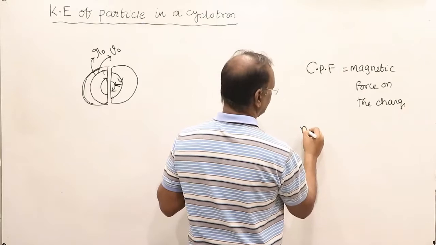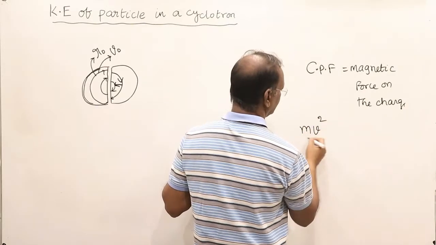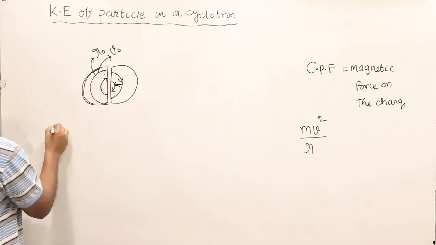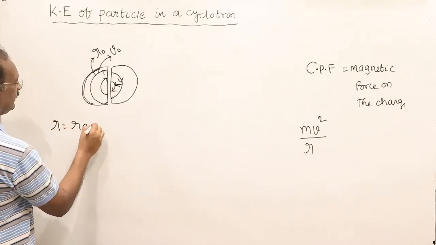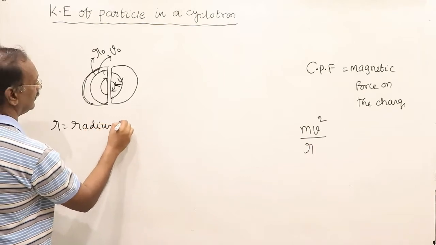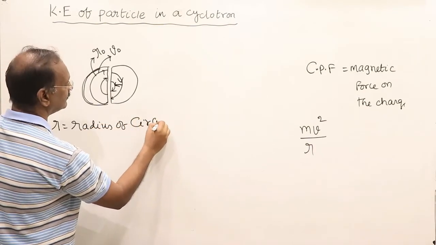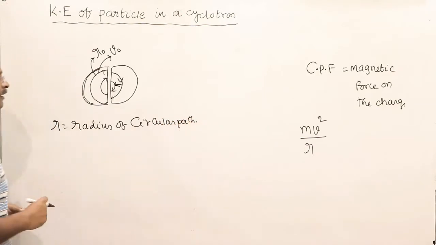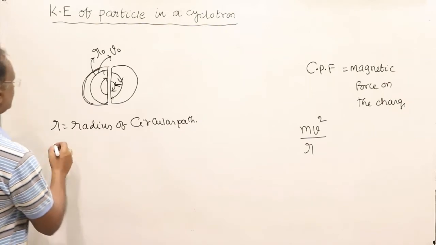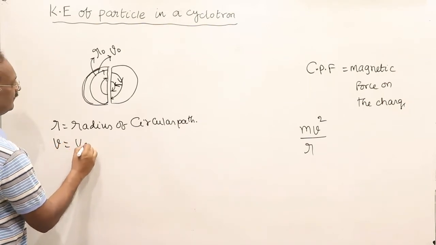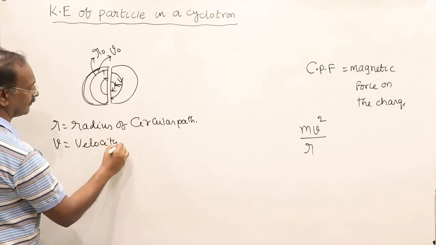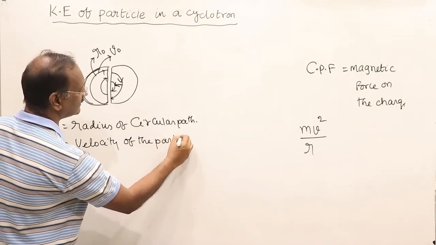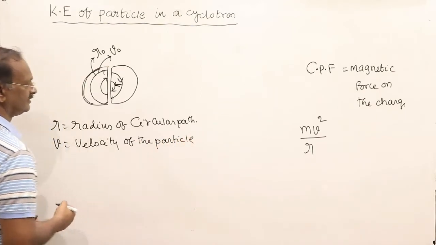So the centripetal force is m v square divided by r, where r is equal to the radius of the circular path. Now v is equal to the velocity of the particle moving in the circular path.